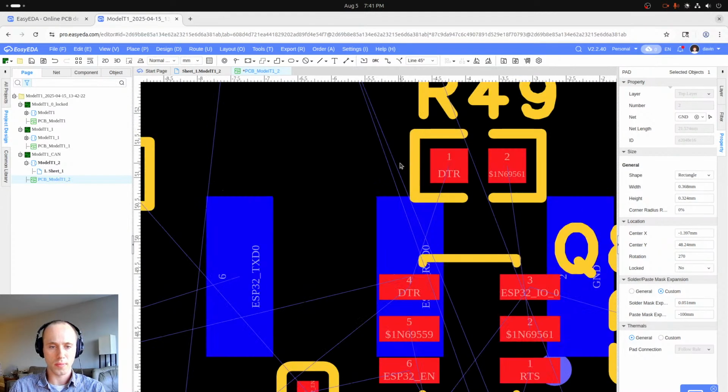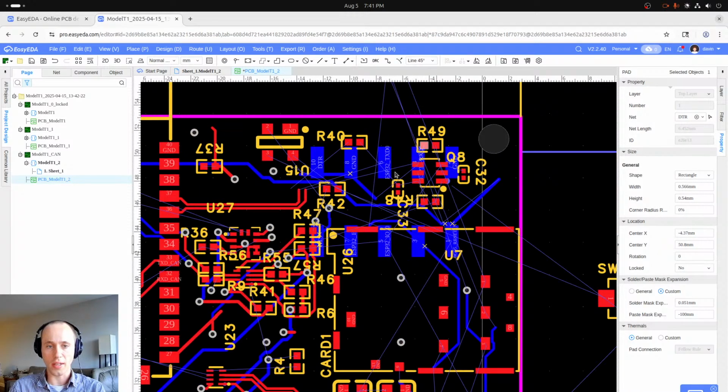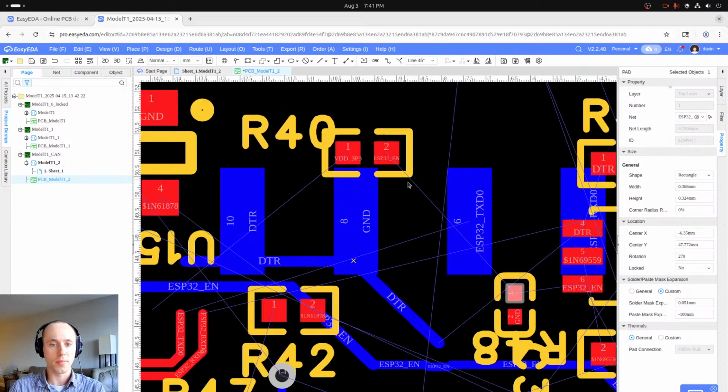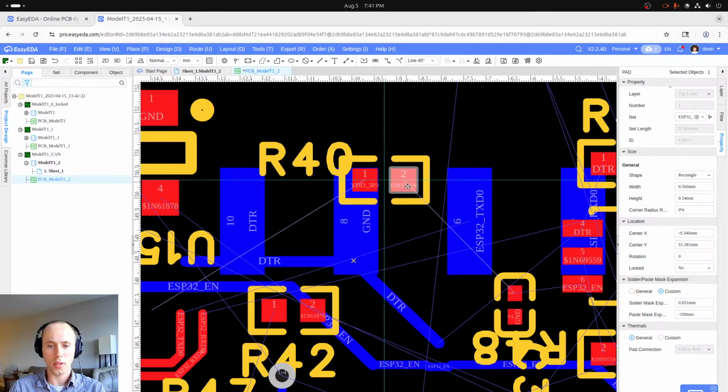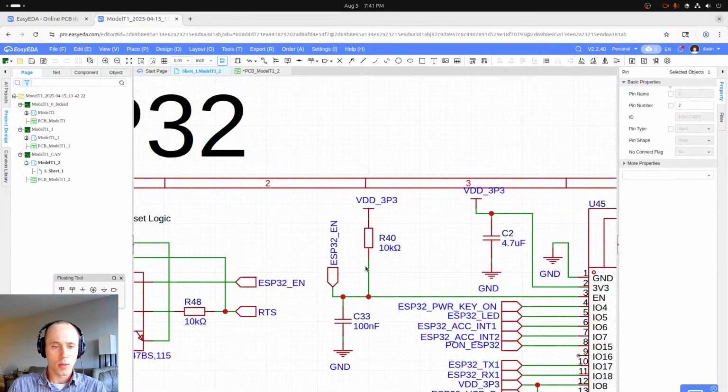Okay. So let's bring that in. Bam. Okay. R40. I forgot this one.